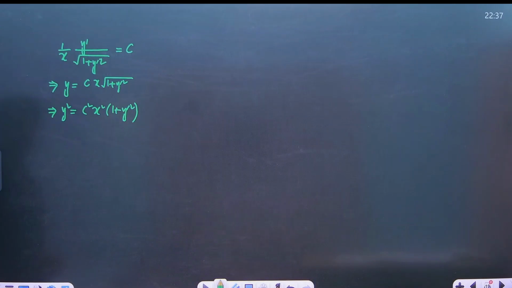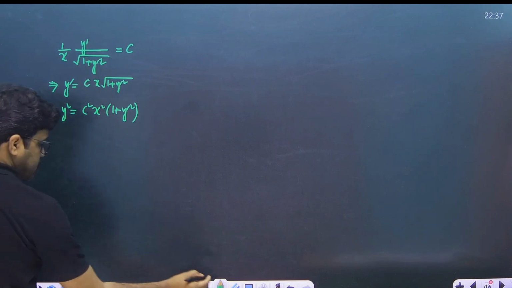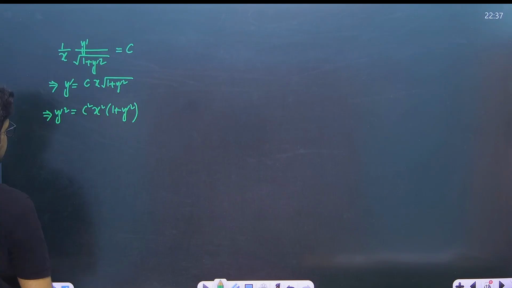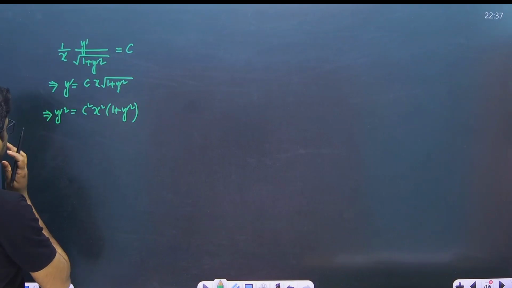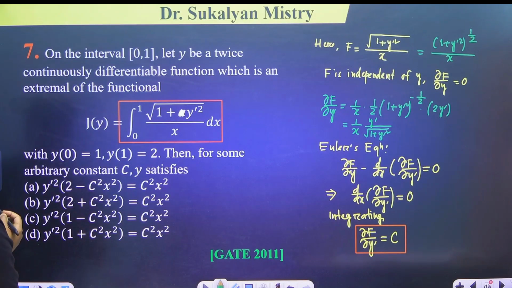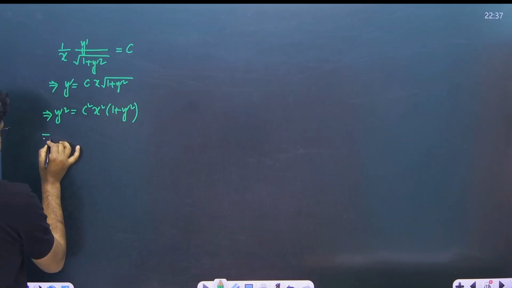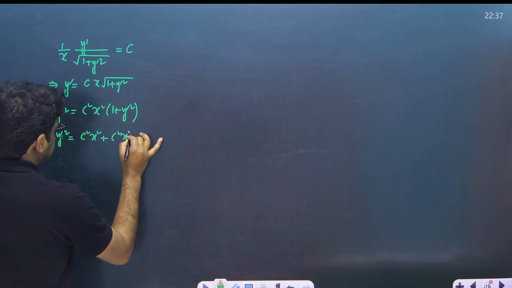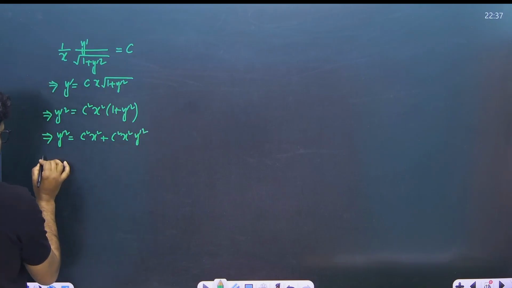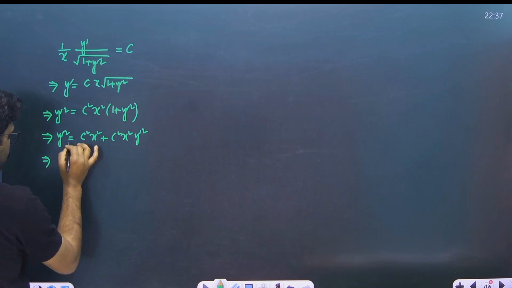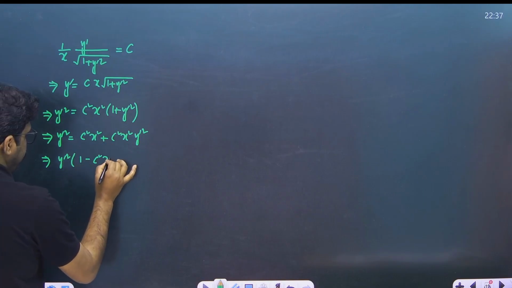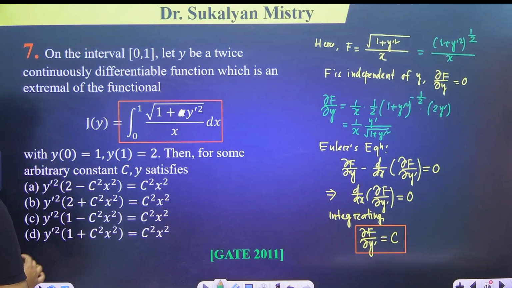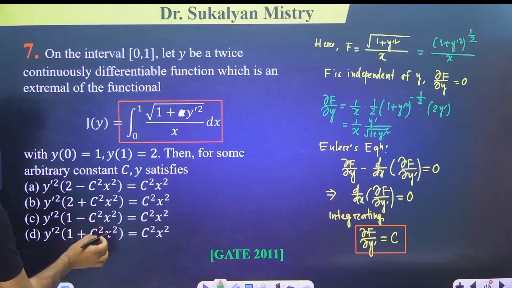Okay, this is y'. So y'^2 is equal to c^2 x^2, so y'^2 equals c^2 x^2 plus c^2 x^2 y'^2. Taking y'^2 common, we get y'^2 (1 - c^2 x^2) equal to c^2 x^2.